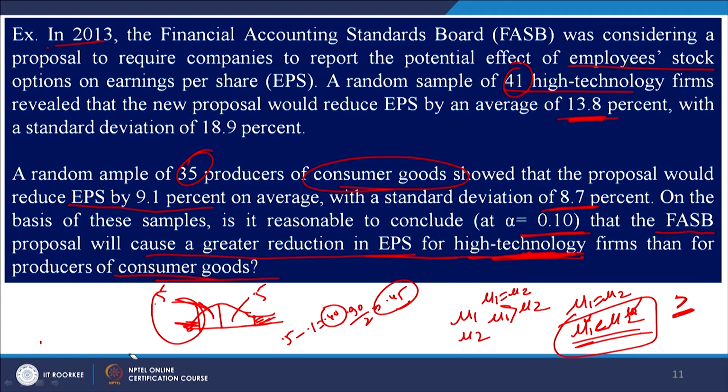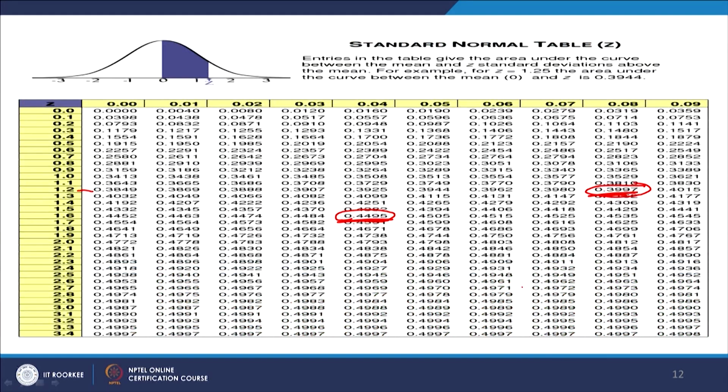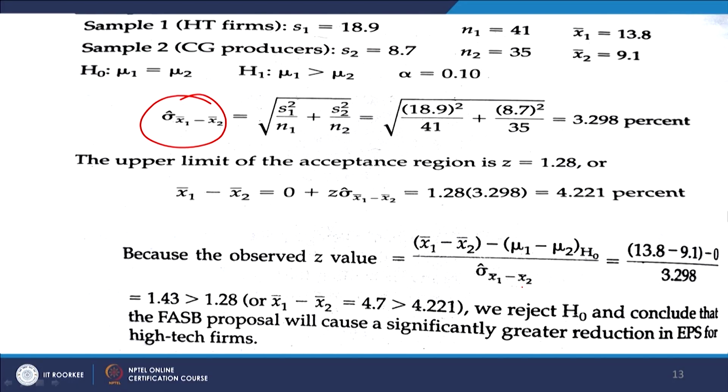Let me erase everything first and redraw the distribution, how the distribution would look. So, this is your distribution and this would be your rejection region, one tail test. So, mu 1 is greater than mu 2. After calculating the standard error difference, which is 3.92, find out the value of z.